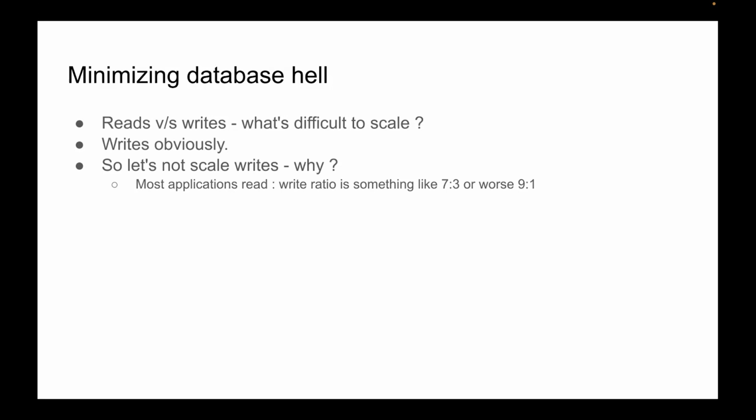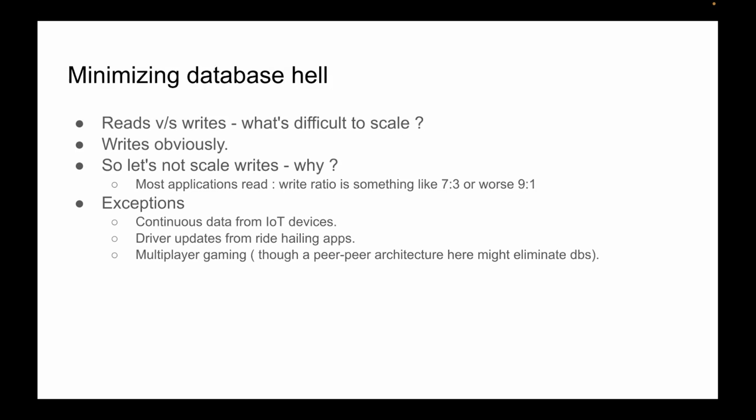There are some exceptions, like continuous data coming from IoT devices, or an application like Uber, where there are constant driver updates, or a multiplayer gaming scenario, though we could argue that a peer-to-peer architecture could eliminate the need for multiple writes on a DB. But this is a common write-heavy scenario.